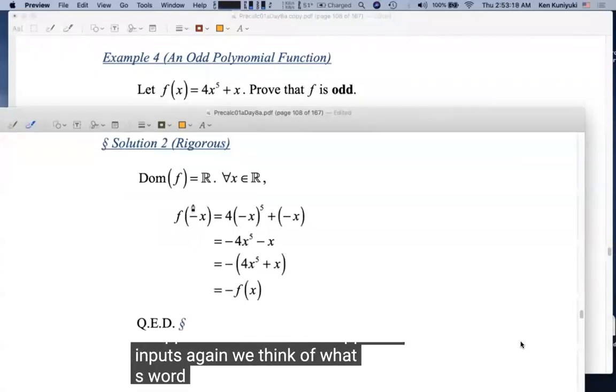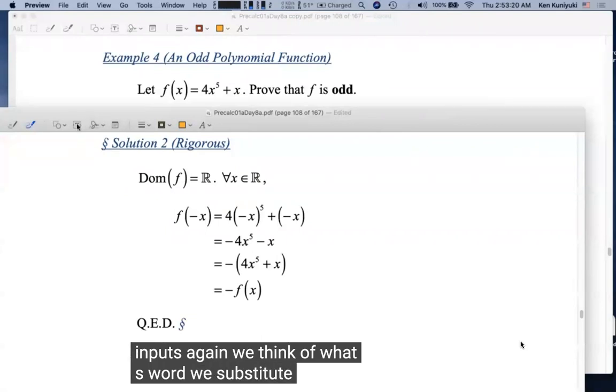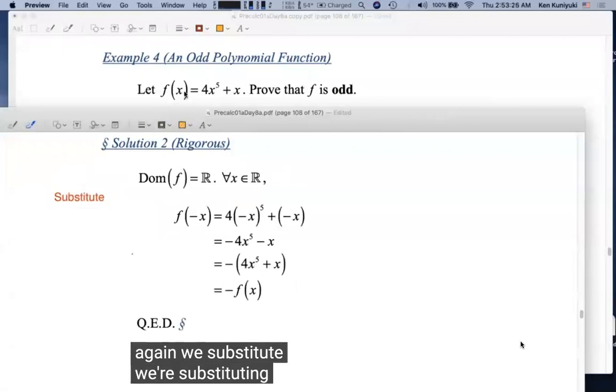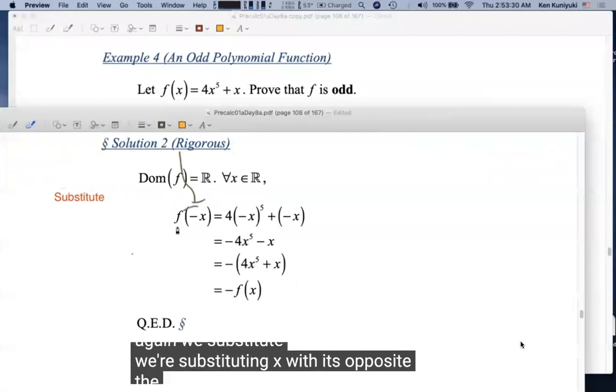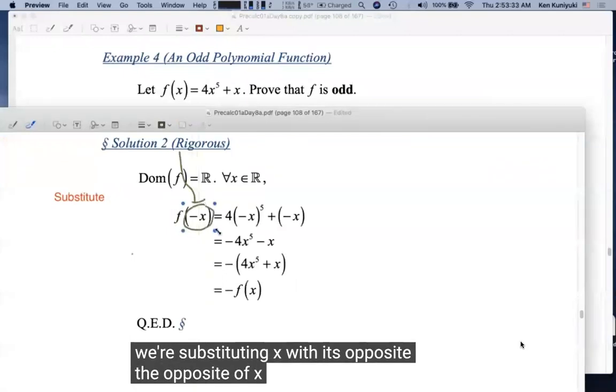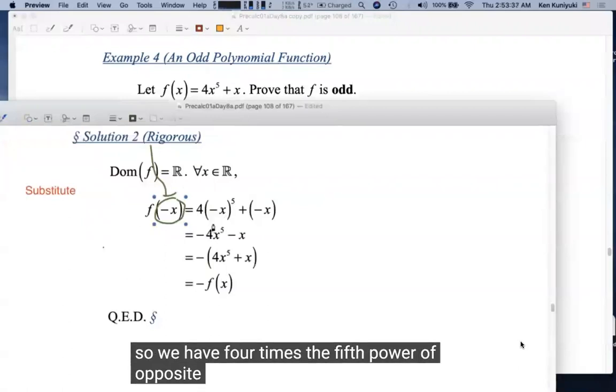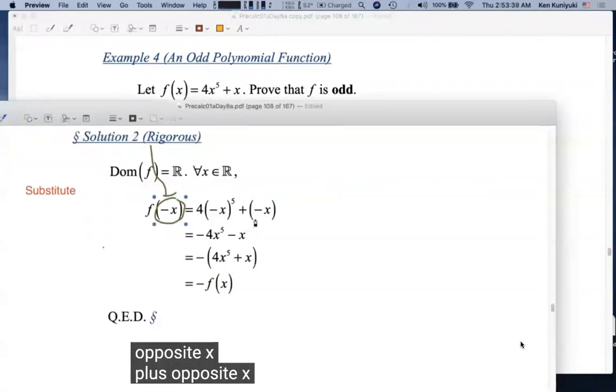Again, we substitute. We're substituting x with its opposite, the opposite of x. So we have 4 times the 5th power of opposite x plus opposite x.